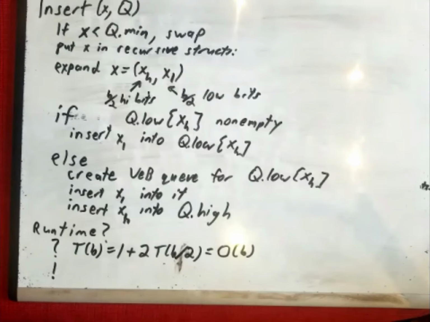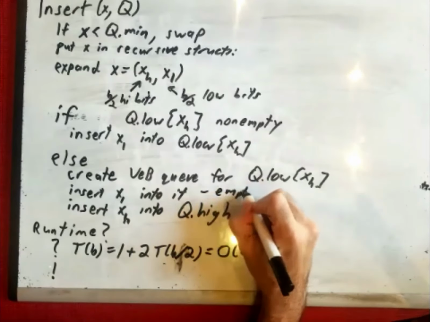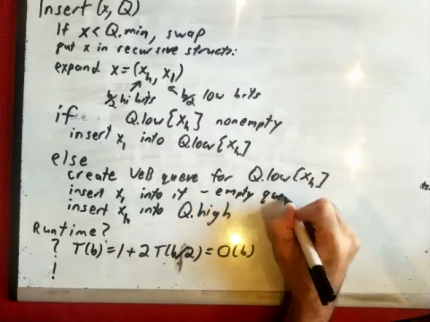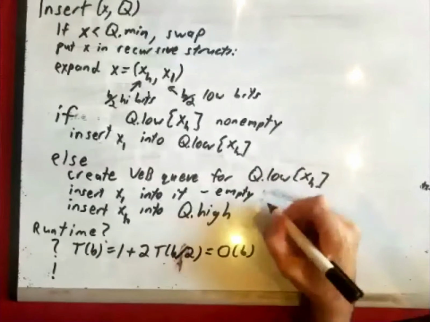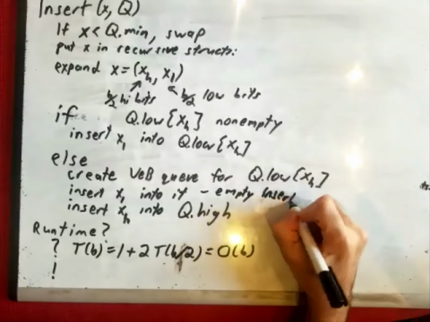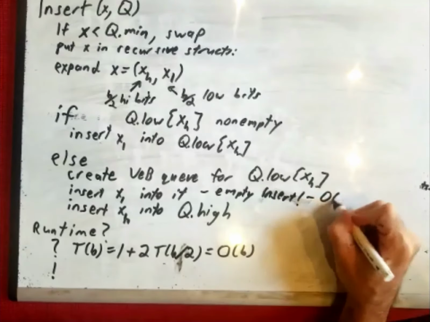I am inserting XL into an empty queue. So all I have to do is put XL into the min field of that recursive queue. So this insertion is order 1 time.